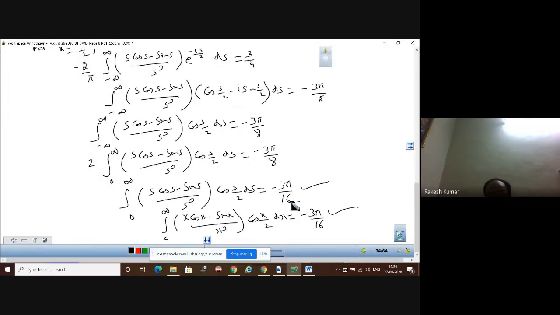We have one more question: find out the Fourier cosine transform. This question is particular for the Fourier cosine transform. Find out the Fourier cosine transform of f of x. This is a discontinuous function.